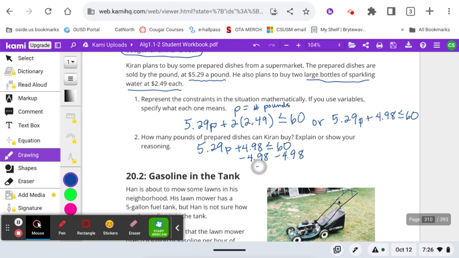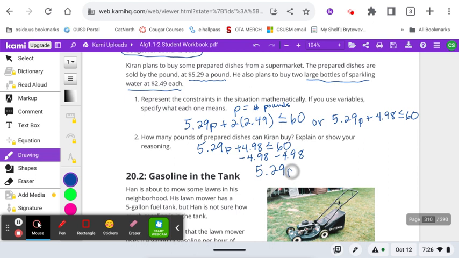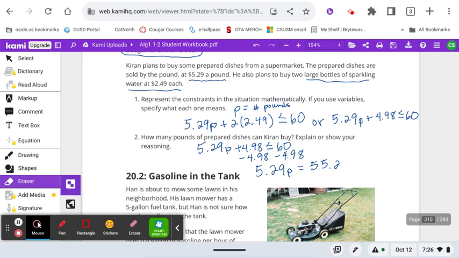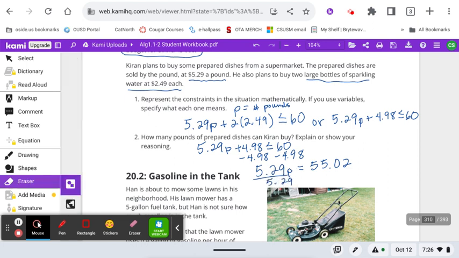I'm getting 55.02. And so 5.29p equals 55.02. And then divide both sides. Sorry, I just realized, got to change this back to the less than.